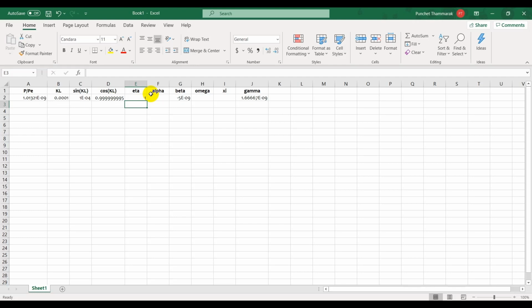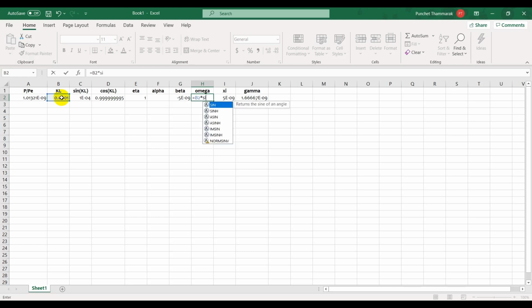Next, C is equal to 1 minus cosine KL. Omega is with M over P. It is KL multiplied by sine KL.